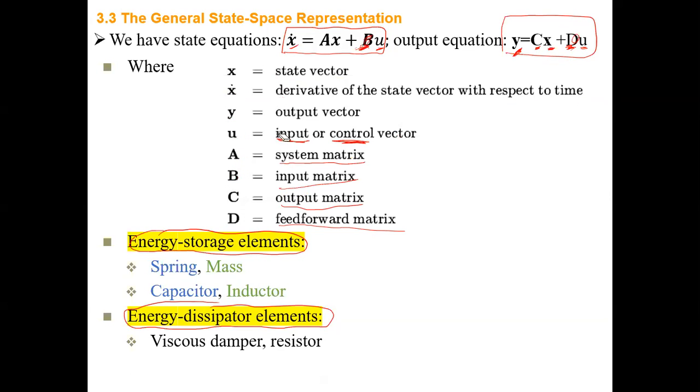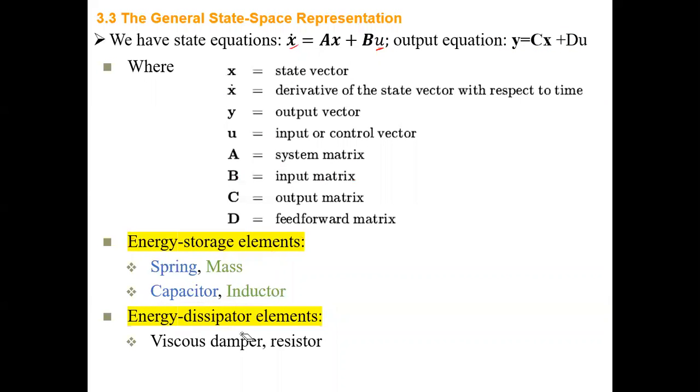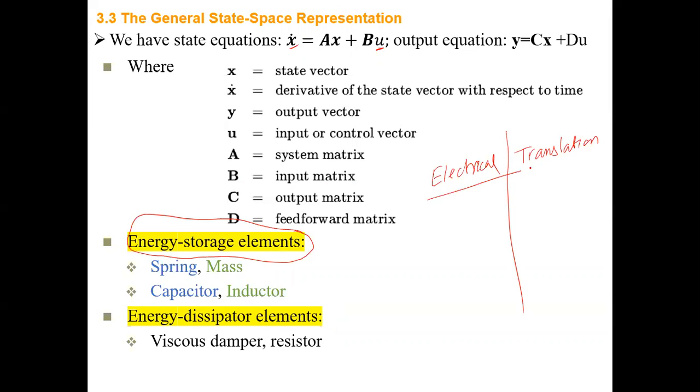Having said that, let's talk about the energy storage element. Remember we talked about energy storage element and energy in the previous slide. I introduced energy storage element. So we talked about electrical system. In the electrical system, what are the components? And also in the translation system, right? Remember chapter 2? What are the components here?